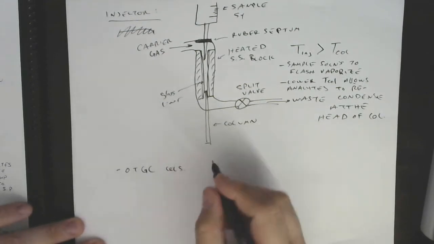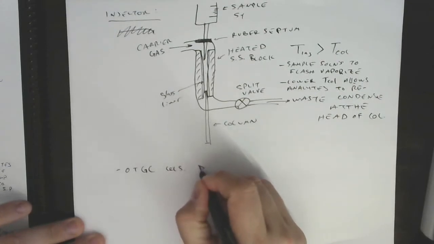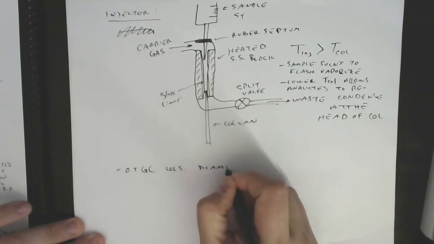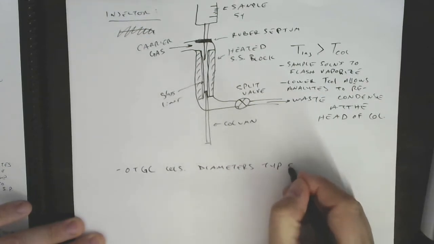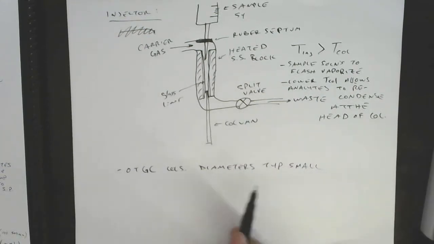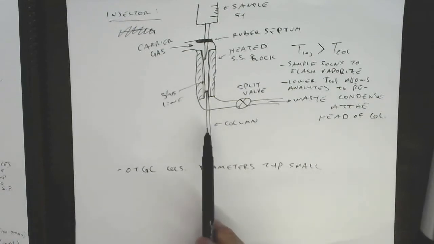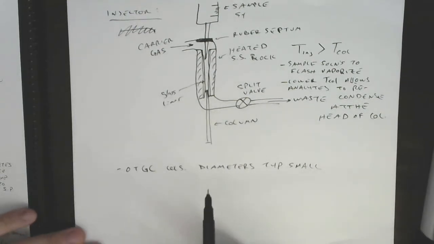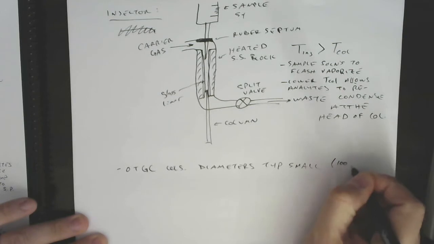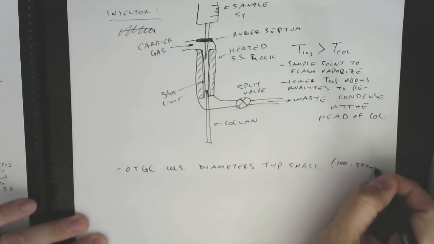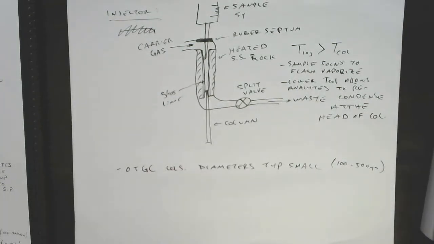The problem here is that the diameters are typically pretty small. That's actually a requirement of doing open tubular. You need to be able to diffuse to the wall pretty rapidly, so you have small dimensions of the tube. So the diameters are typically pretty small, on the order of like 100 to 500 microns as an inner diameter in an open tubular GC column.